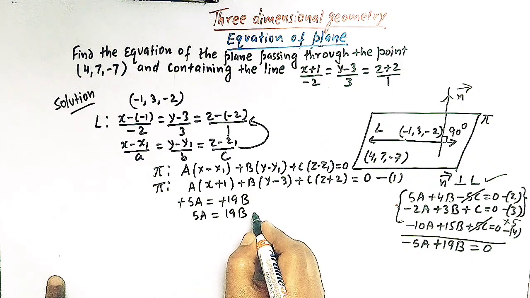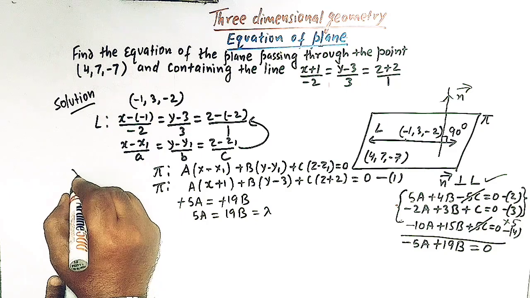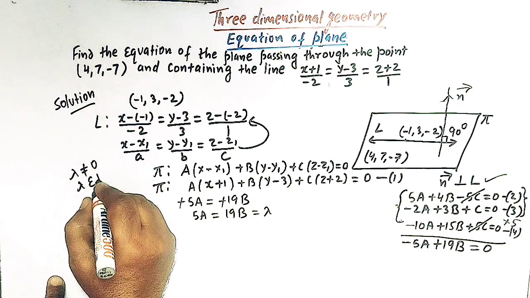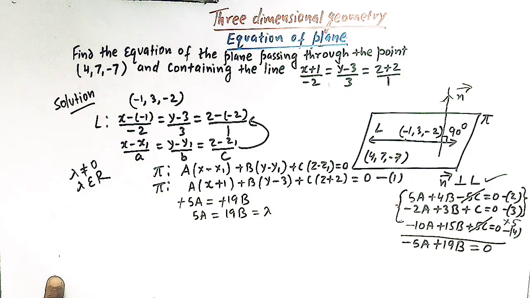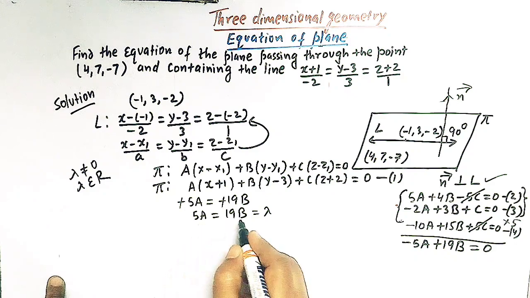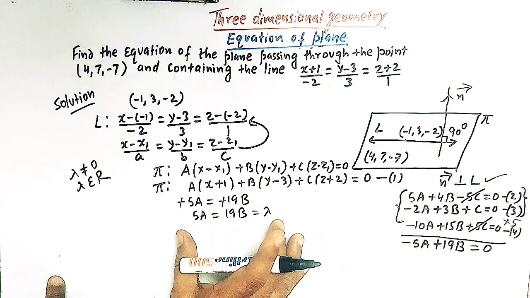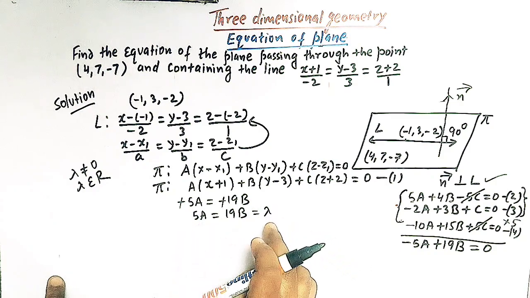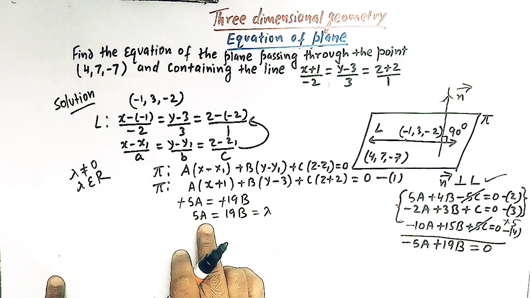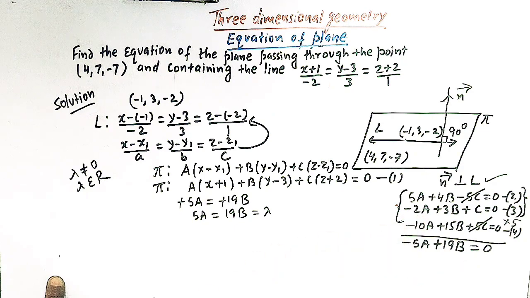Now let us introduce a scalar here, say lambda, where lambda is not equal to 0, and lambda belongs to the set of real numbers, right? So here we'll take 5a is equal to 19b is equal to lambda, and the purpose of introducing this scalar lambda is to express the values of a, b, and c in terms of lambda.